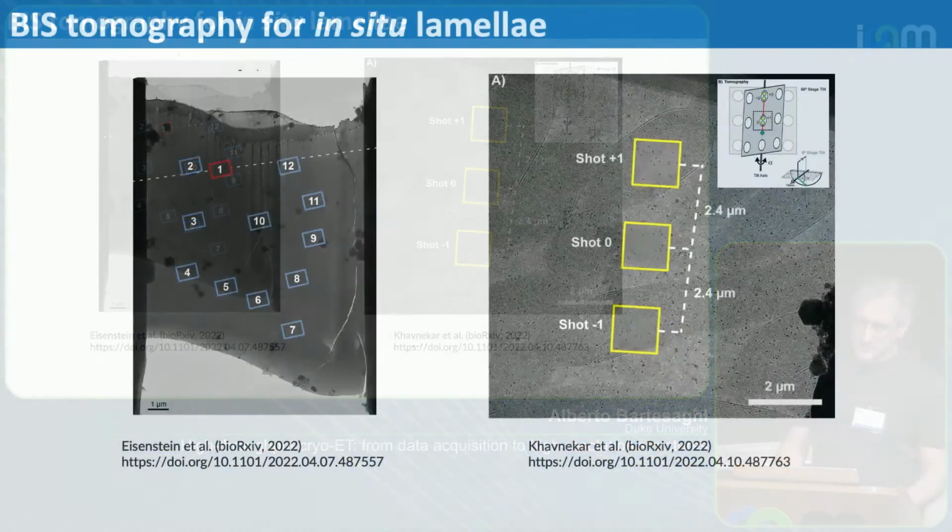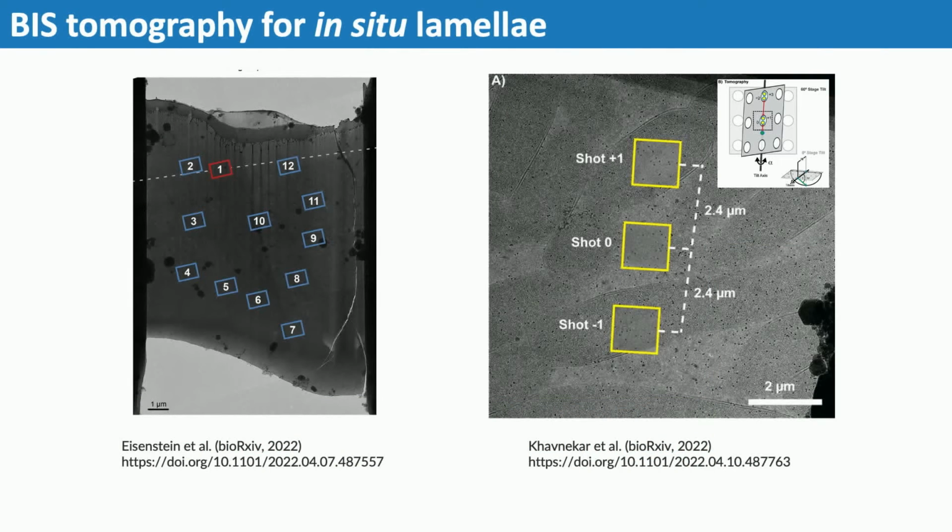You can actually use this beam image shift tomography to look at in situ lamella, and there have been a couple of groups that have shown that this works. So Rado's group, the preprints are here, and also Jürgen's group in Germany, they're able to do this multi-shot beam image shift tomography to speed up the throughput.